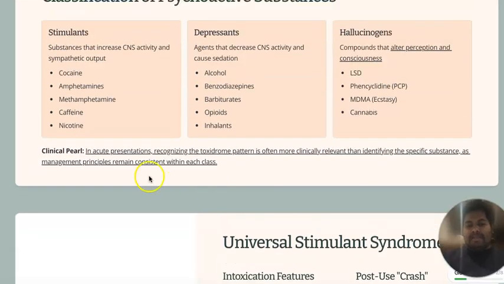One thing here, as a clinical pearl, I have highlighted that in acute presentation, recognizing the toxidrome pattern is often more clinically relevant than identifying the specific substance, as management principles remain consistent within each class.